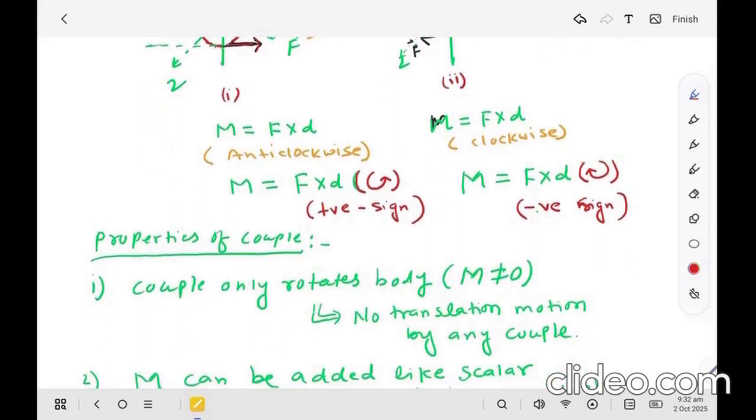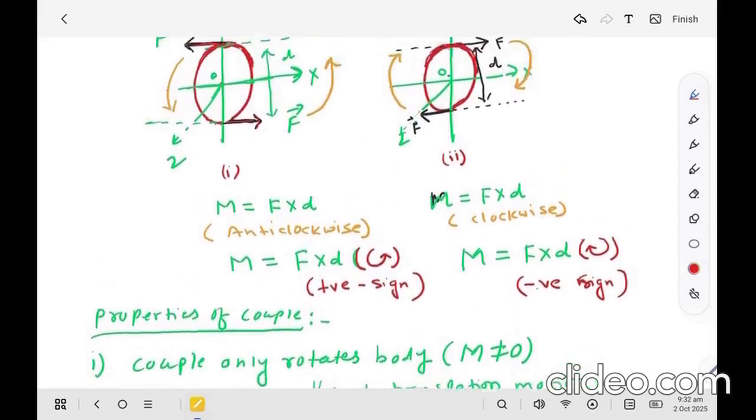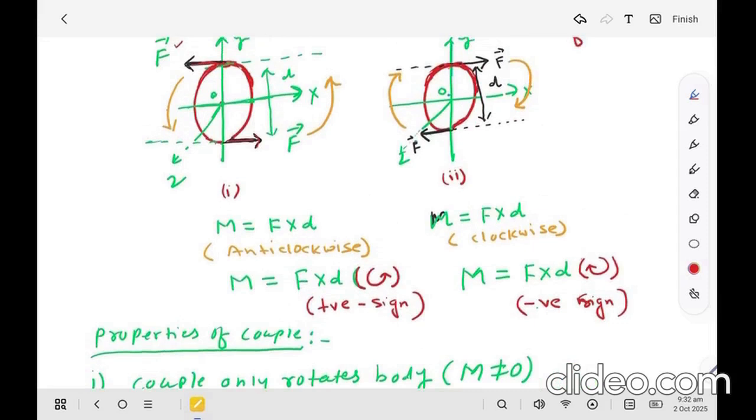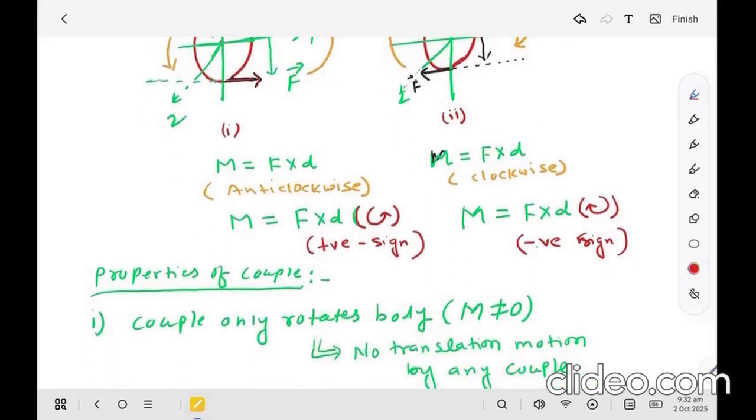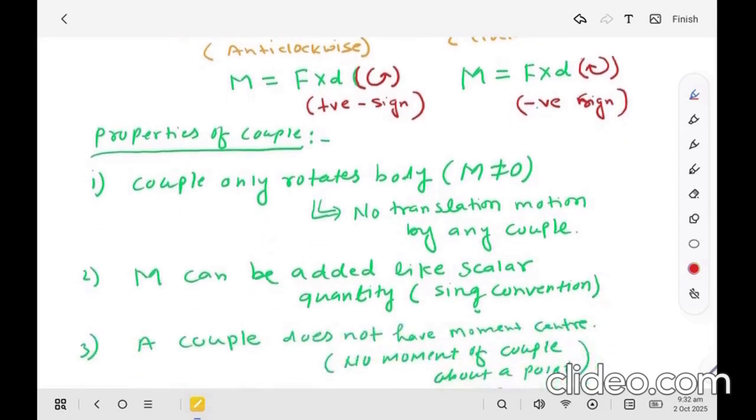Now, this is how we can estimate the magnitude of a couple acting on a body, as well as the direction of that couple, or direction of the moment of that couple. We can summarize a few properties of a couple here.